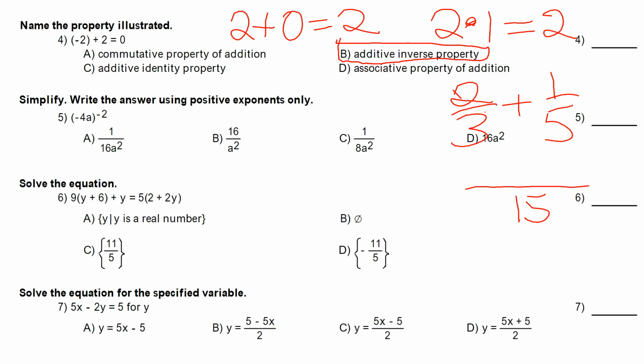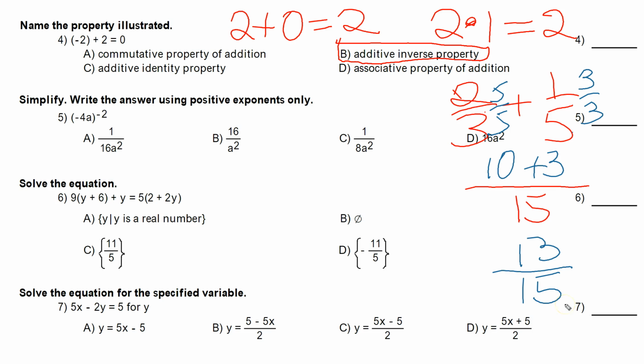And then to get this fraction to have a denominator of 15, we can multiply it by a 1, but in a form that will make our denominator 15, which is going to be 5 over 5. And this one, to make it a 15, we're going to use the 1 here in the form of 3 over 3. So this then would become a 10, this would become a 3, and our final answer would be 13/15. Just to give you a little background on some of these.